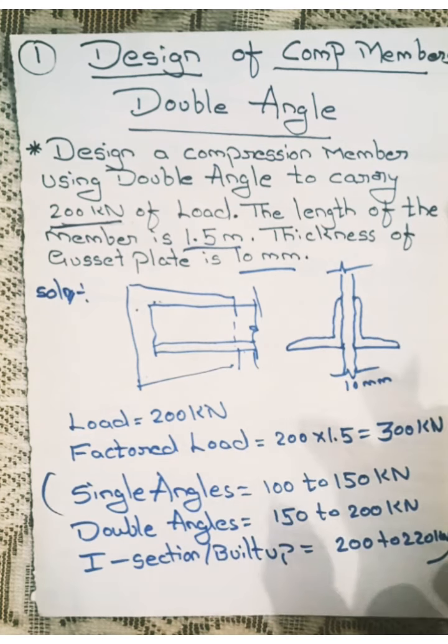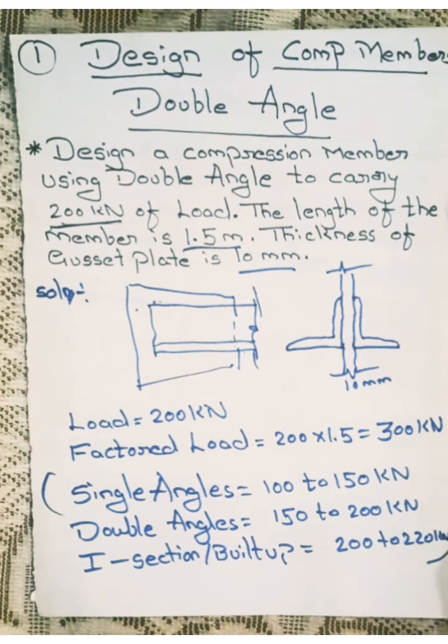Anyhow, once we select the section, we need to check whether it is safe or not. So no matter what FCD you assume, we have to check whether it is safe to carry that much amount of load. In this present problem, these angles have to carry 200 kilonewton of load.